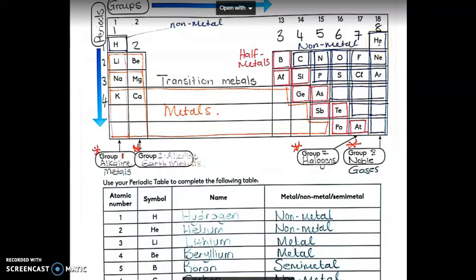Right, that is number 2, and it's helium, and it's also a non-metal. Number 3, Li, and that stands for lithium, and it's a metal. Be is beryllium, and this is also called a metal.